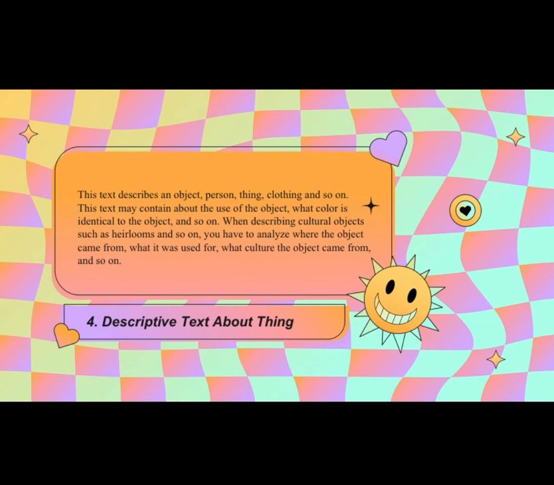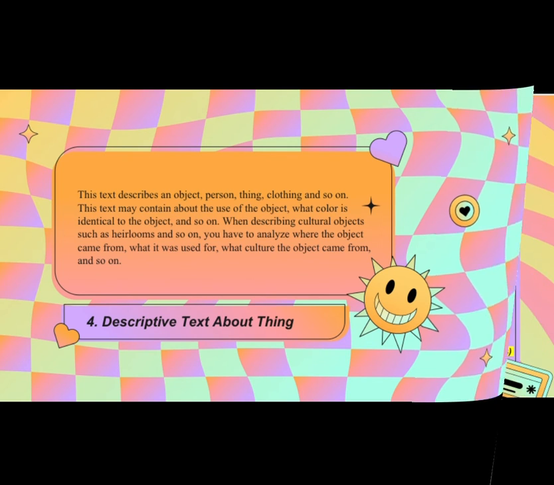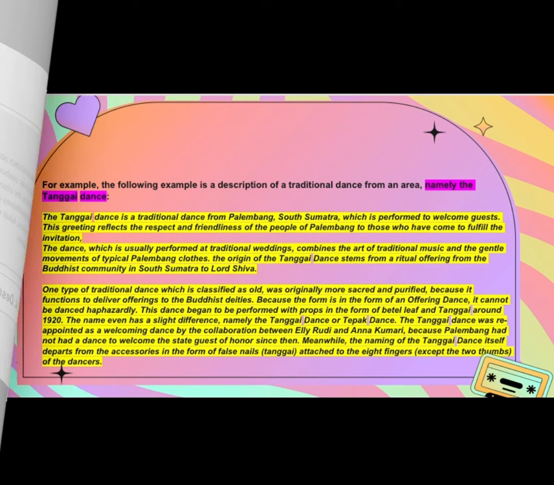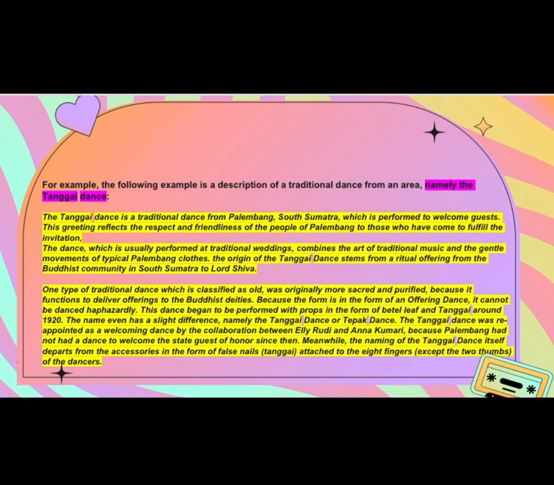When describing cultural objects such as heirlooms and so on, you have to analyze where the object comes from, what it is used for, what culture the object came from, and so on. For example, the following example is a description of a traditional dance from an area, namely the Tanggai dance.